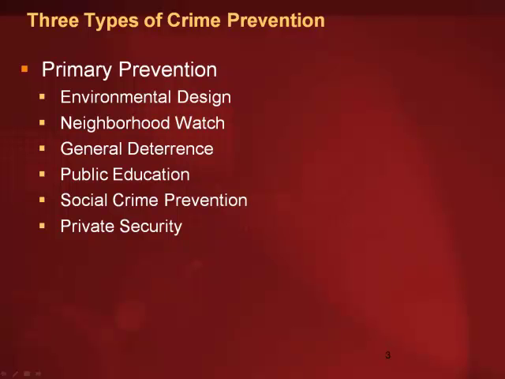Moreover, very frequently, the people who live in those neighborhoods really know the rhythms and patterns of what's going on there, and can be an invaluable asset in terms of stopping those unwanted behaviors. Now again, I'm putting this in the context of traditional policing, but you can apply the same thinking outside of policing. Social crime prevention has to do with unemployment, poverty, job training, and economic infrastructure within an area. And then lastly, private security. Well, that has to do with private security.